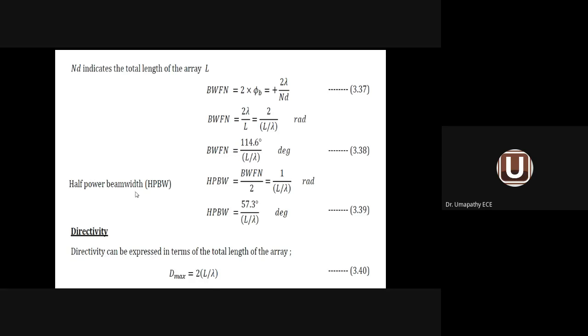So what is the half power beam width? Divide this value by 2. So I will get 1 by L by lambda in terms of radian. In terms of angle, it equals 57.3 degrees divided by L by lambda, and directivity equals 2 into L by lambda.